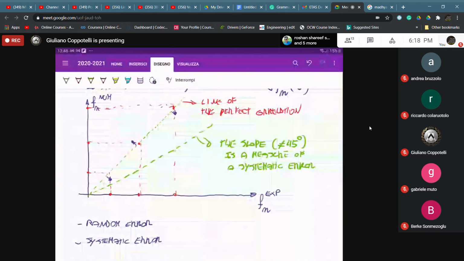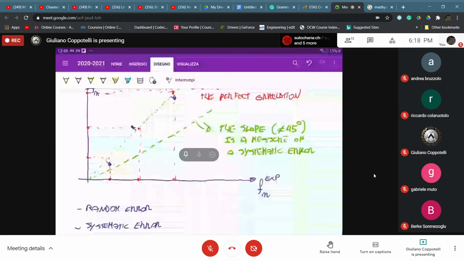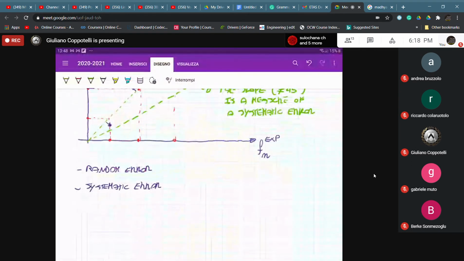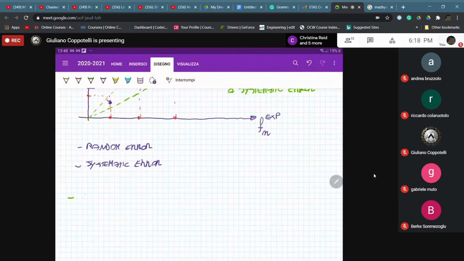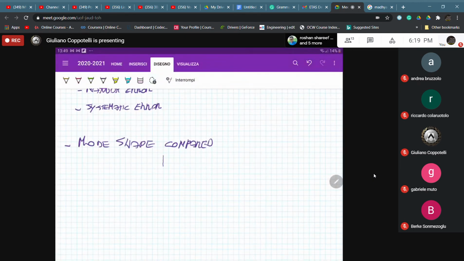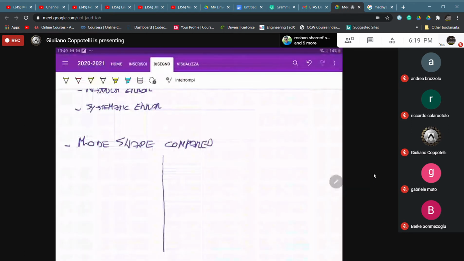That's not all, because you can also redo the same analysis when referring to the mode shapes. So the mode shapes are also compared, and that is done in a plot like this, for example. Once again, I am referring to the axes.